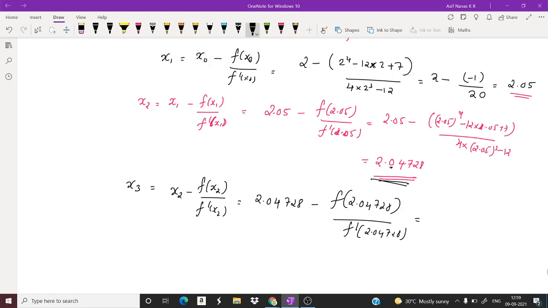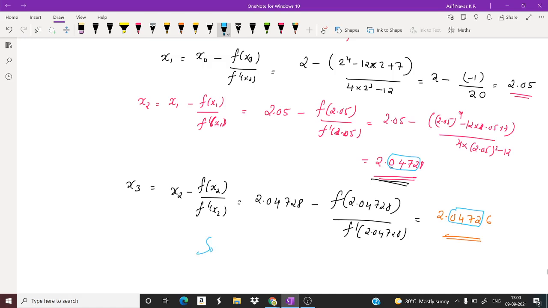Have you got these two by calculator? We'll get 2.0472. So here it is correct up to 4 decimal places. Therefore, we can stop here.